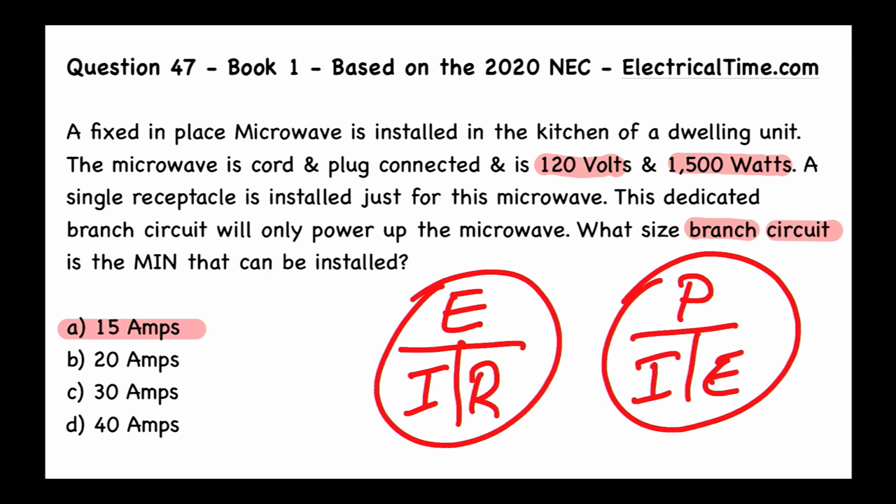Now I'm going to highlight the information that I know. I'm being told this is 120 volts, so that's going to be the letter E. And I'm being told we've got 1500 watts, and that's going to be P. So when I look at both Ohm's law and the pie formula, I know I can solve for I, which is amps.